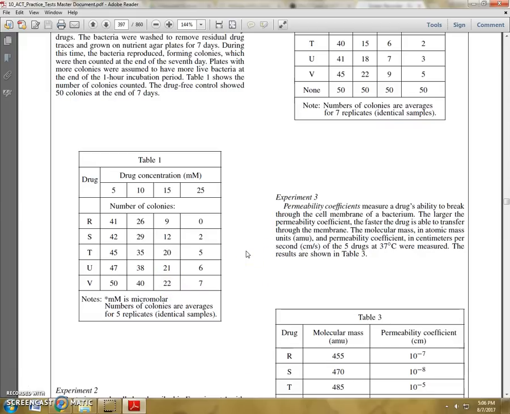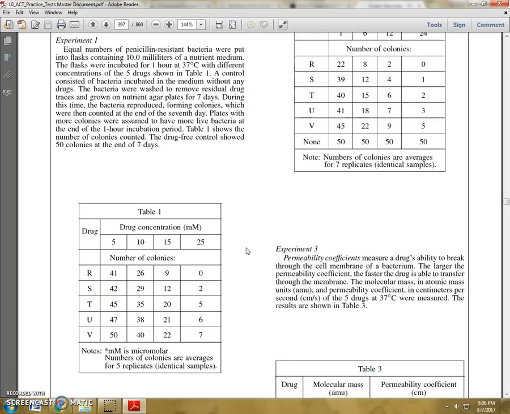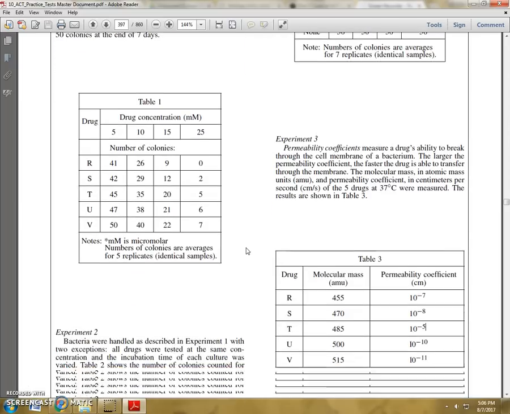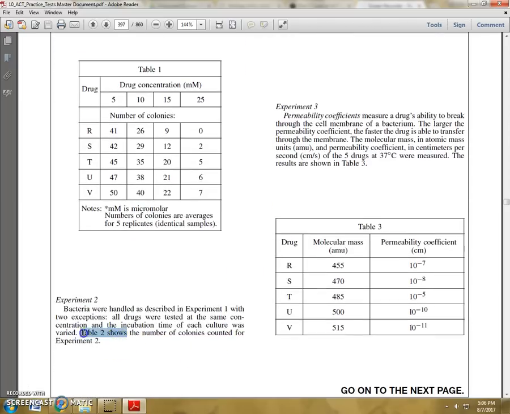And number 19, the experimental procedures used in experiment 1 and 2 differed in that experiment 1. So we can actually scroll down to, this is where you need to make sure you do a little bit of reading. You need to understand that in this case, experiment 2 specifically says what the exception is. So bacteria were handled as described in experiment 1 with 2 exceptions.